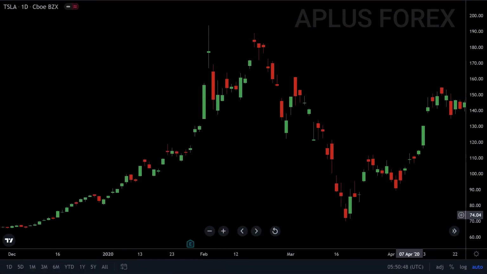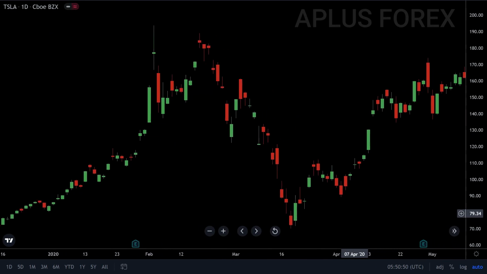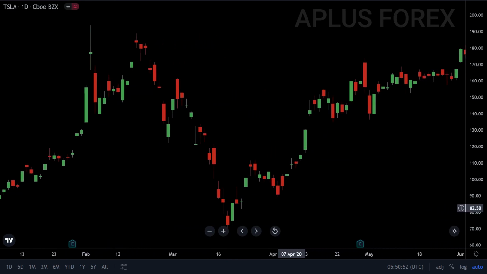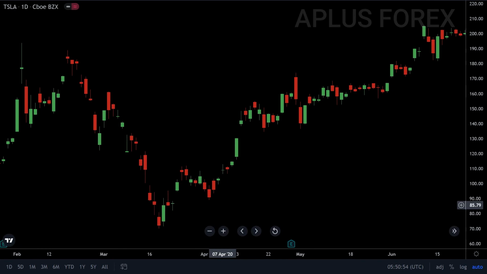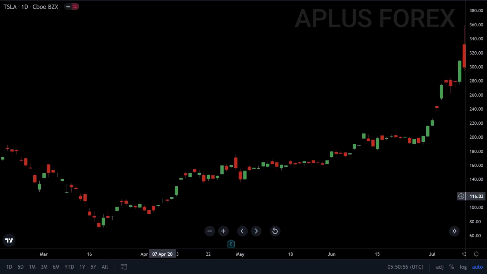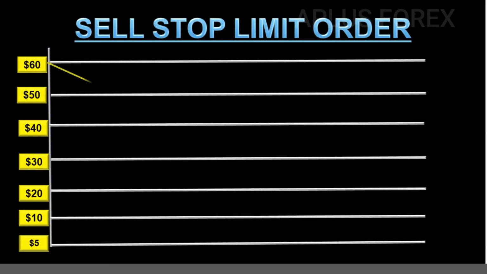The second scenario is the sell stop limit. When the price drops down to a point you have just set as your stop in the market, it will trigger a sale at the minimum price you entered as a limit. Like on the chart below, we can see the stock market price is starting at $60. So we will not sell immediately because we are not sure if the market will continue going down or not.